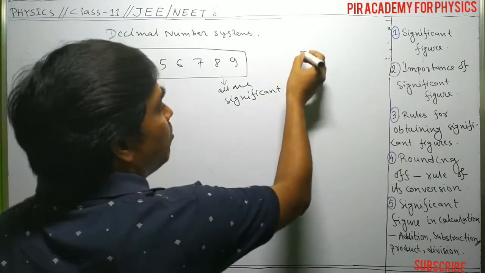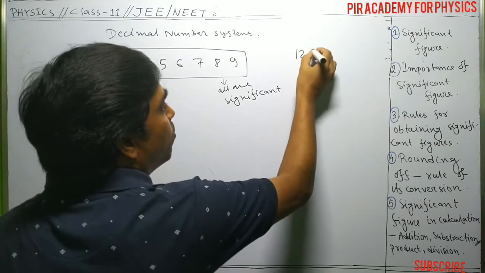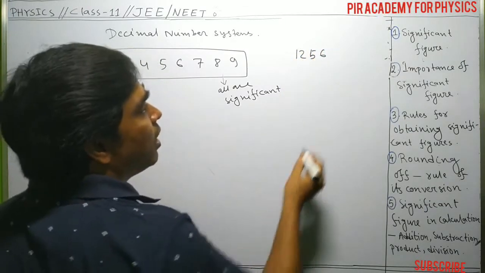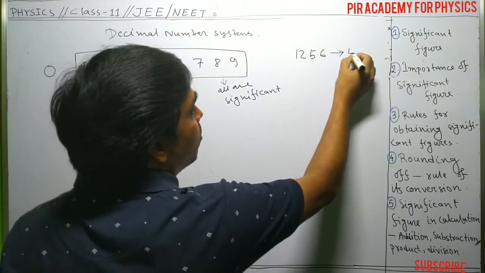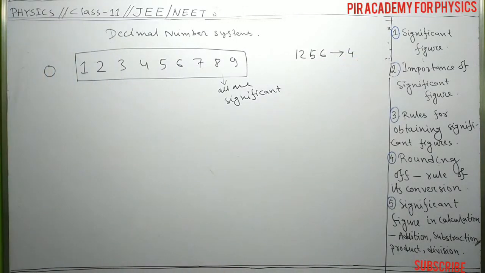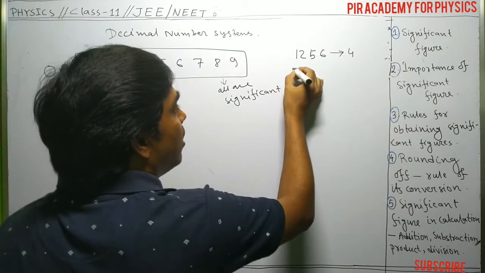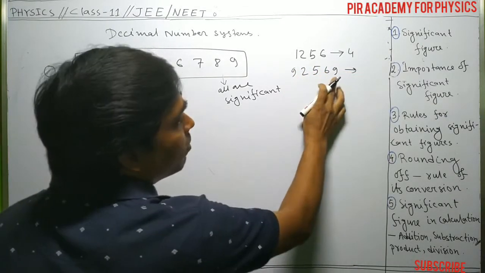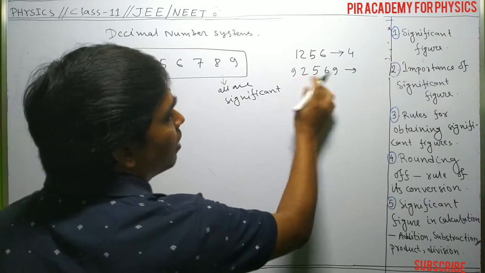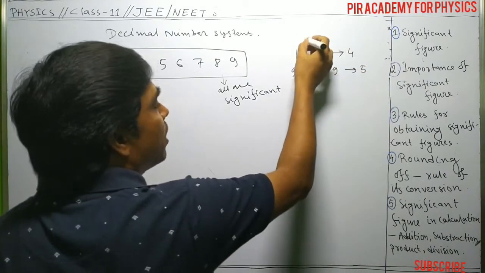Now, if you see 1, 2, 4, 6, what is the number of significant figures? Here it is 1, 2, 3, 4. The number of significant figures is 4. If you see 9, 2, 5, 6, 9, what are the significant figures? It is 1, 2, 3, 4, 5. In this way you can calculate.